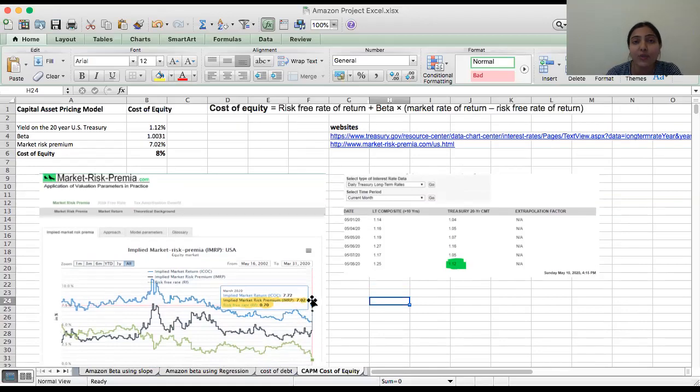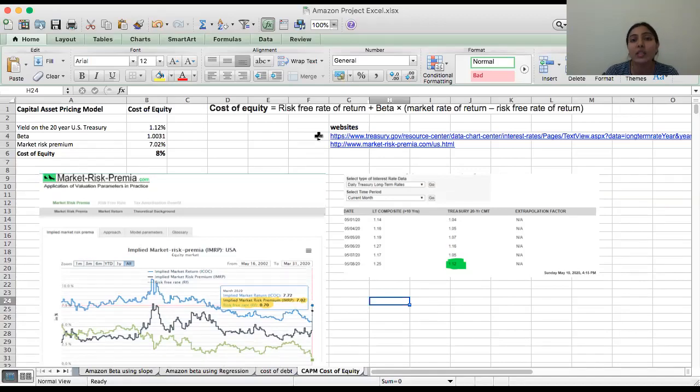And for the risk-free rate, I have used the 20-year US Treasury rates. I've used the latest one, for May 8, 2020, which is 1.12%.